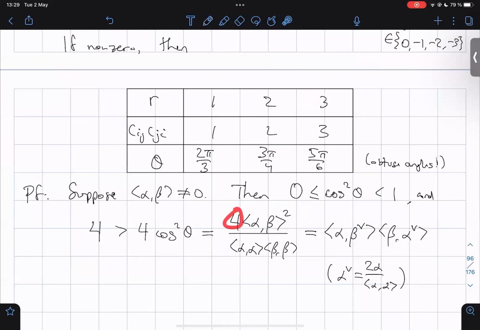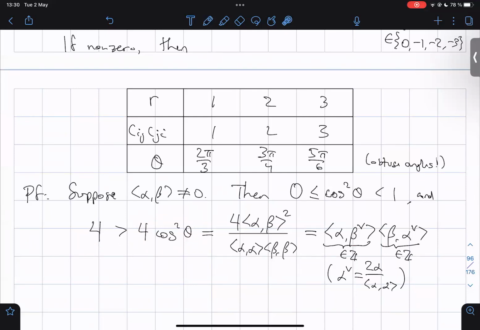So this 4 was broken up into 2 copies of 2 and then distributed, to get this beta check and alpha check in there. But here's where that key crystallographic condition comes in: these are integers. So you have 2 integers that multiply to something that is strictly less than 4.